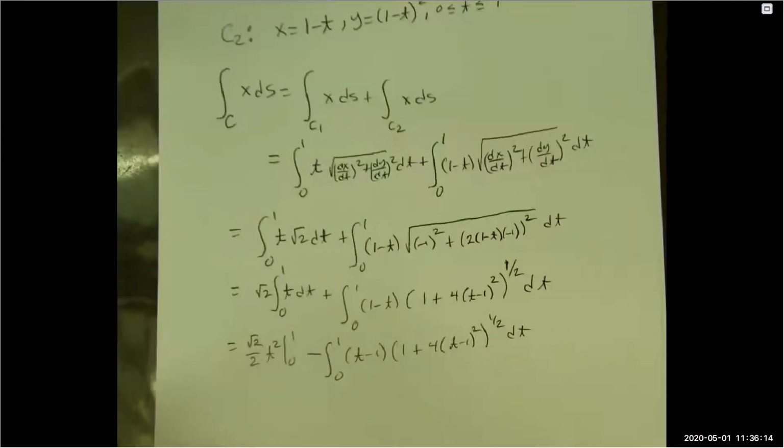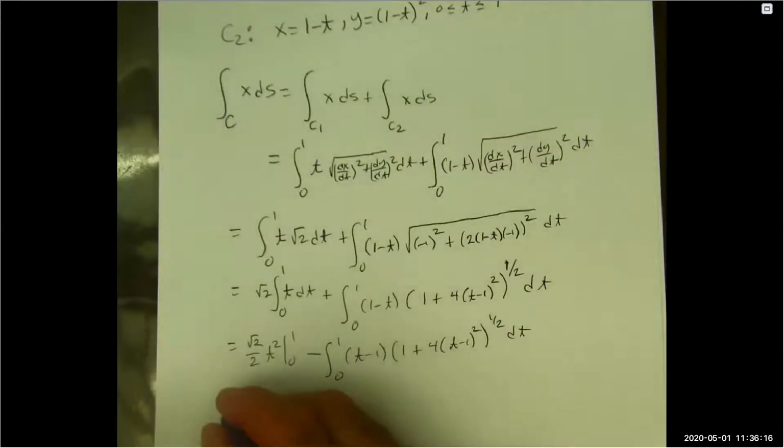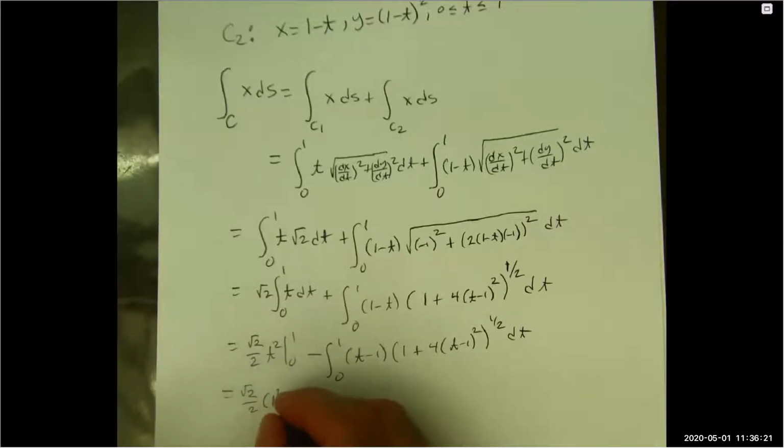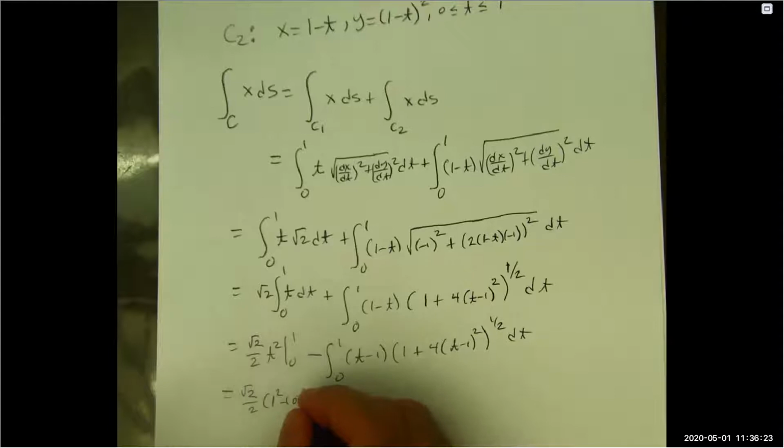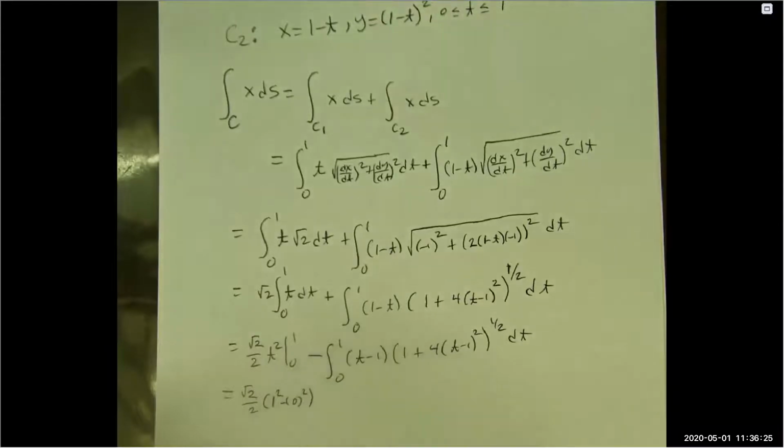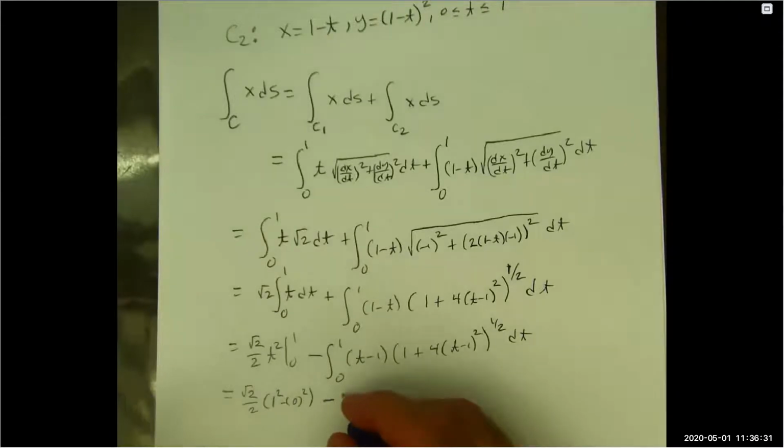All right, so this first one is just going to be root 2 over 2 times 1 squared minus 0 squared, like that. And then we're going to have here minus, actually plus, I'm going to have a minus 1/8.